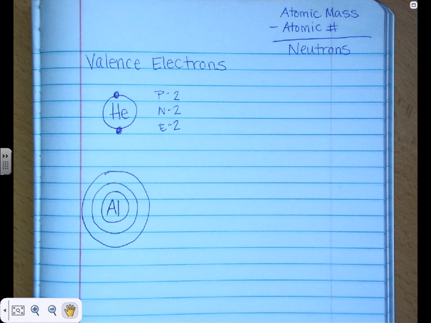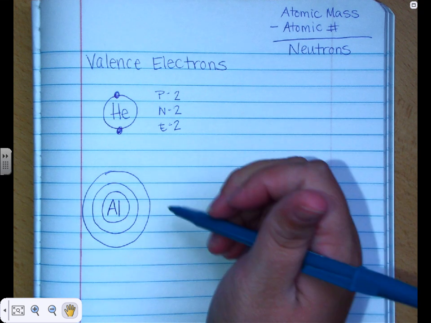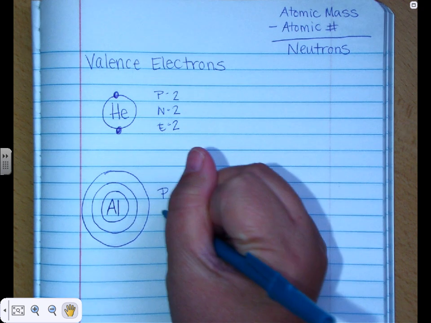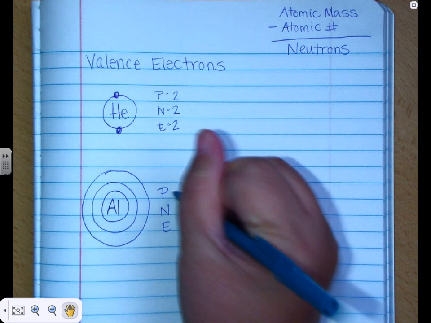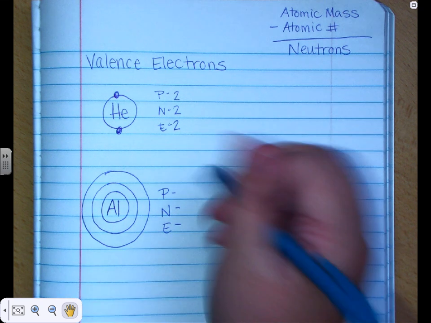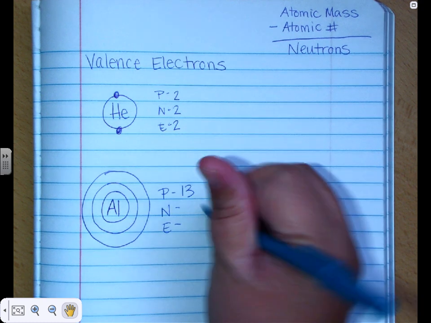Okay? Let's do our PNE first, because then that'll be easy. What's our PNE for aluminum? What's our proton? Damon. 13. If we know our protons, we know our electrons. Okay, so what is our neutron then? What is our neutron for aluminum?